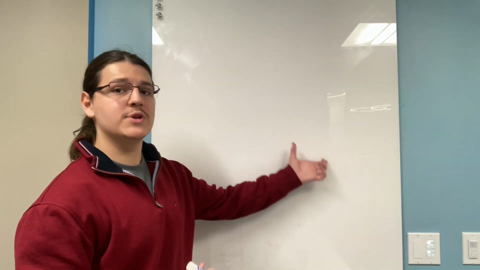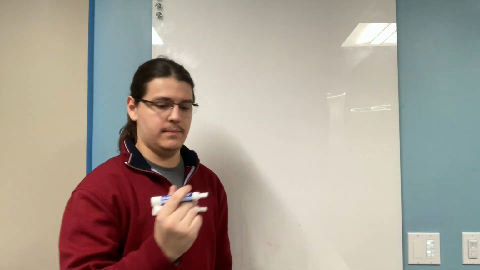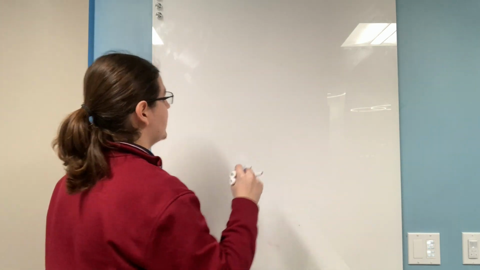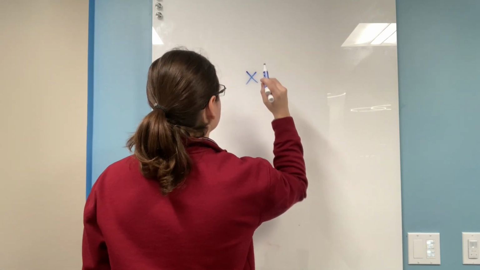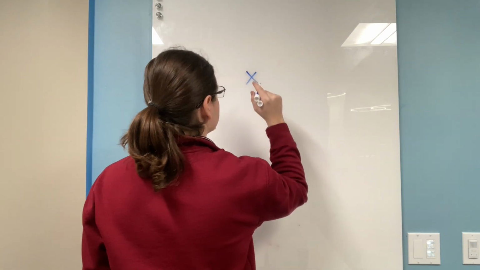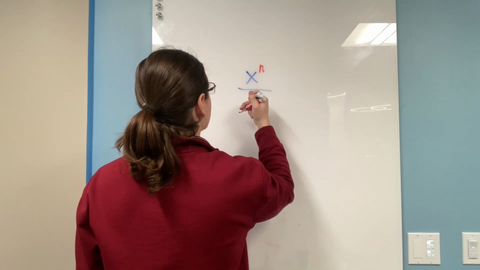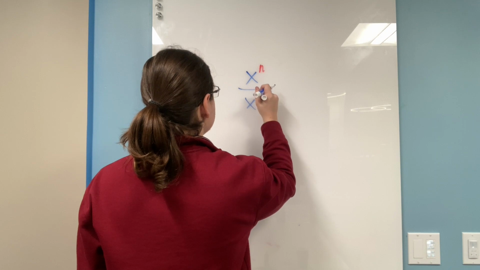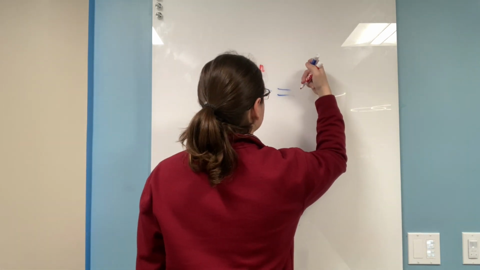Now, I'm going to use that same rule we just found to show another rule. Let's say instead we had x to the nth power all over x to the mth power. What would that be equal to?